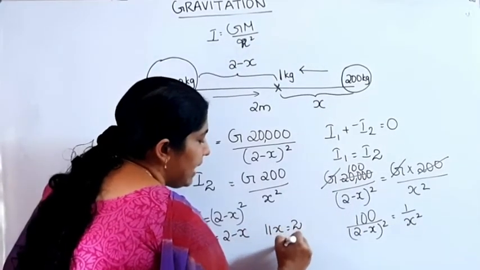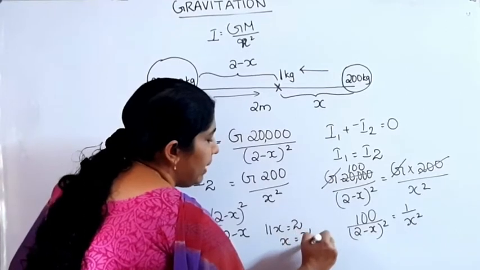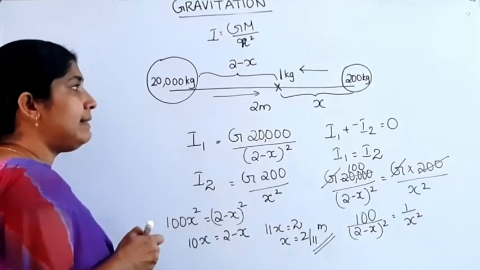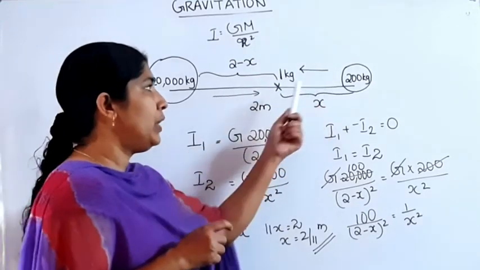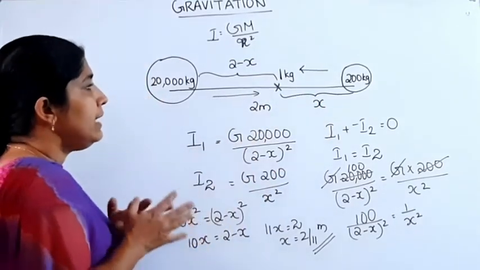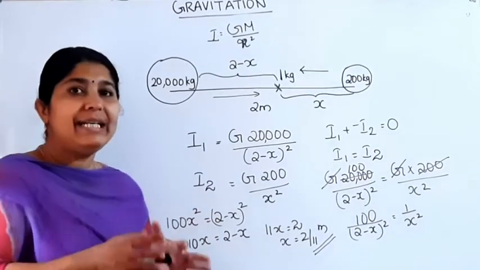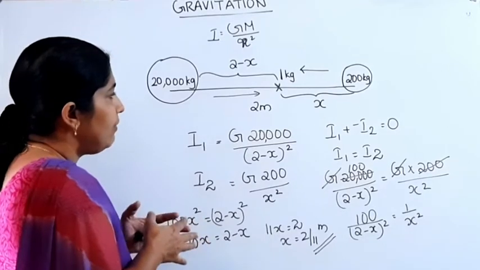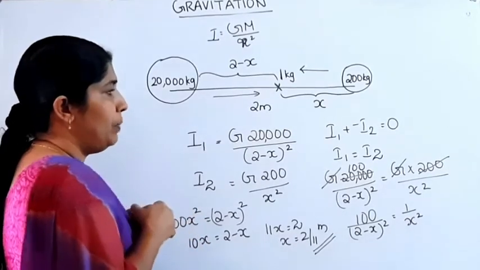So x is equal to 2 divided by 11 meter. 2 by 11 meter is the distance from the small kg body where the intensity of gravitational field is equal to 0. This is the way by which we can solve this problem.